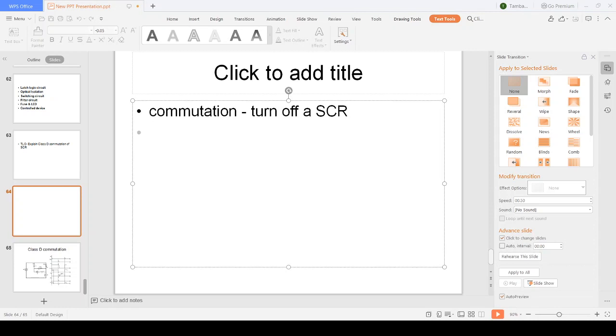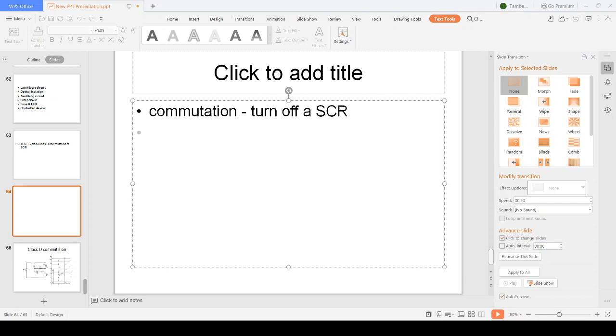So externally we have to use a circuit to turn off this SCR. The process to turn off a SCR is called commutation.